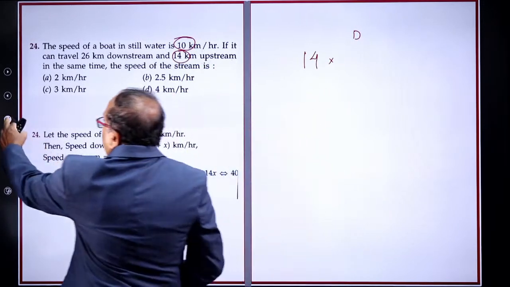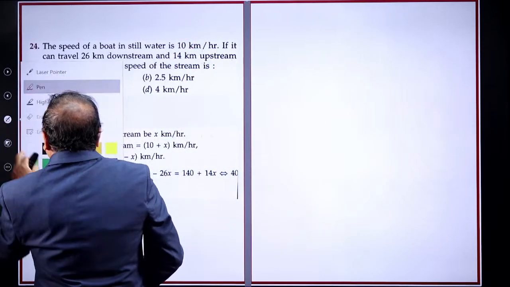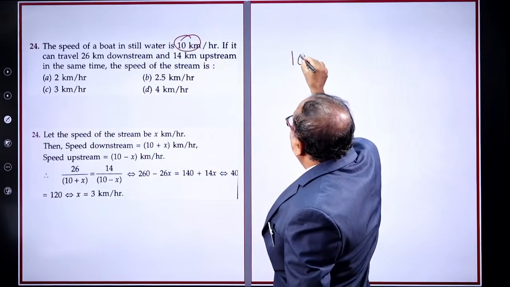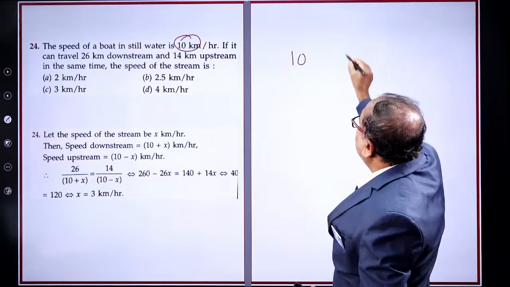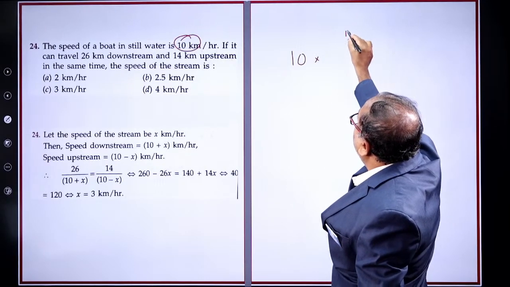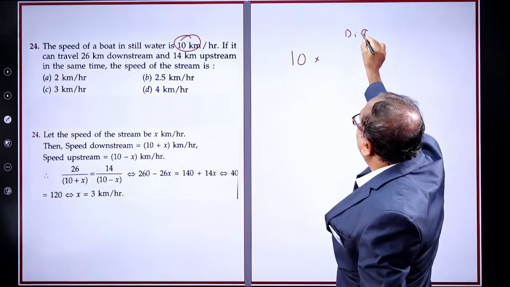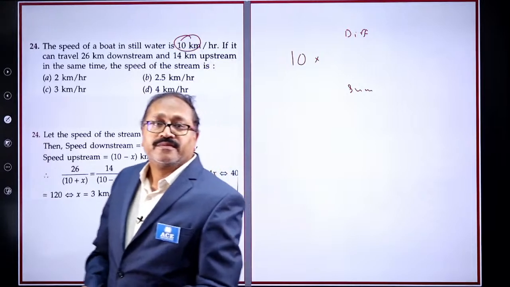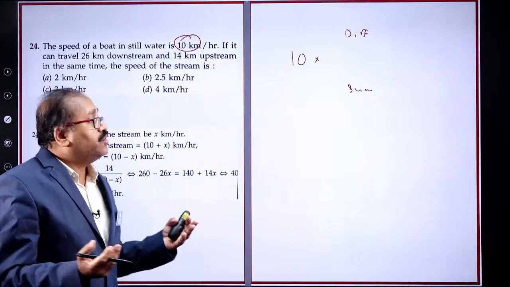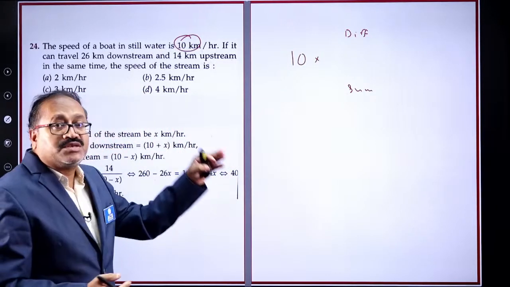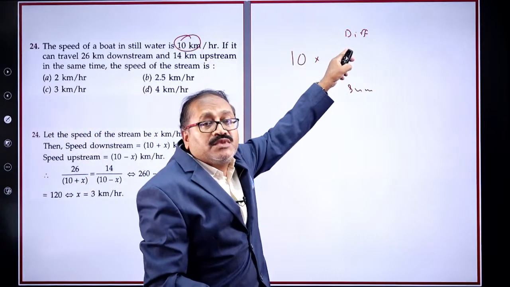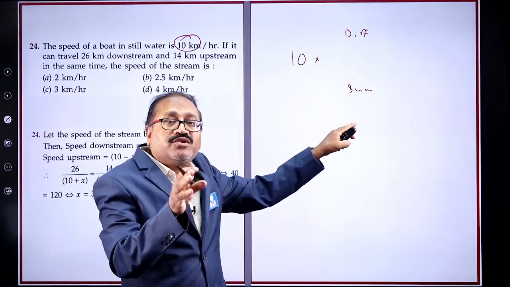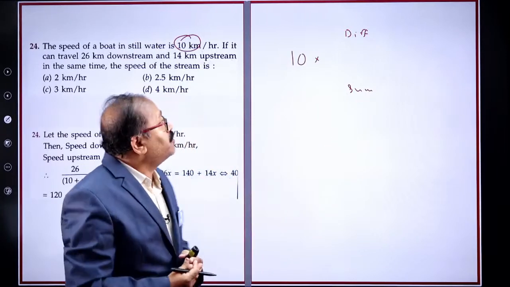So what you need to do here is, speed of the boat is given to us, which is 10. Now this time into, you have to take the difference in numerator and sum in denominator. That's all. So if you have to find out the speed of the stream, take the sum in numerator, difference in denominator.